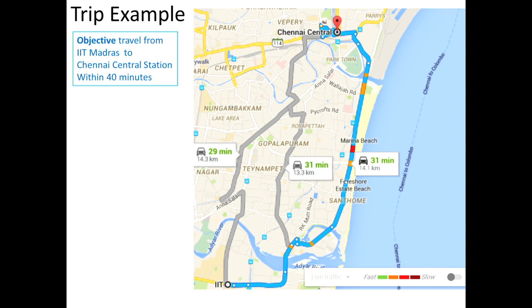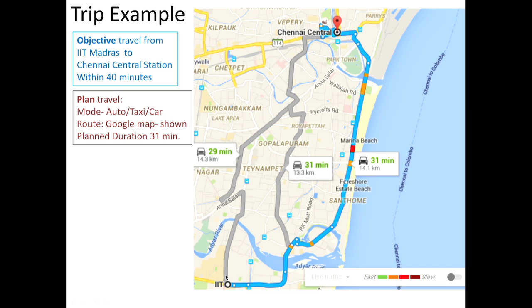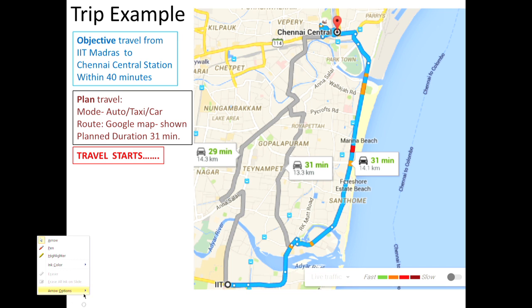Today with the technology, what you would probably do is develop a route like this on your Google map, and you can see IIT is here, and Google has given me 3 options. Okay, you can see some of the options are in gray, but there is one option which is highlighted which takes 31 minutes, which I am choosing.